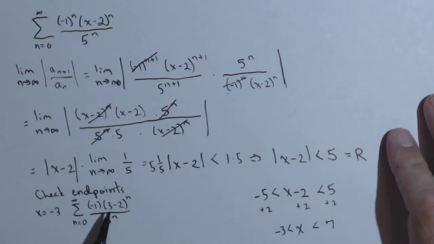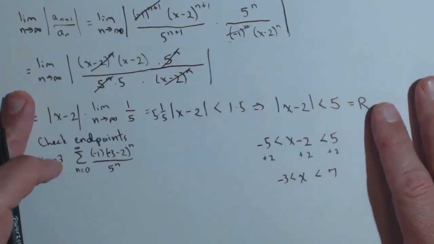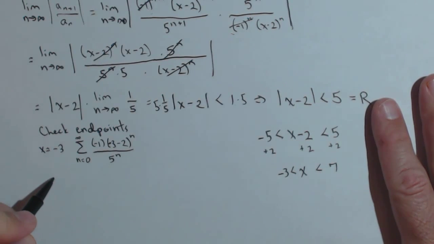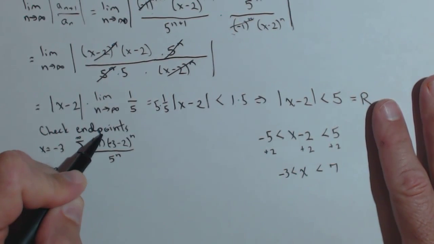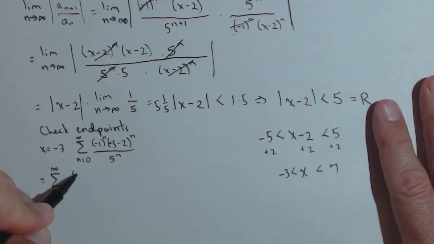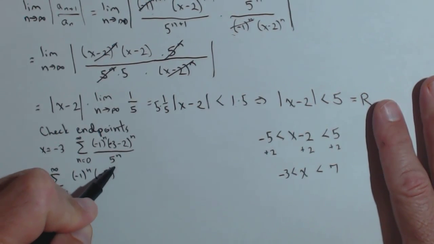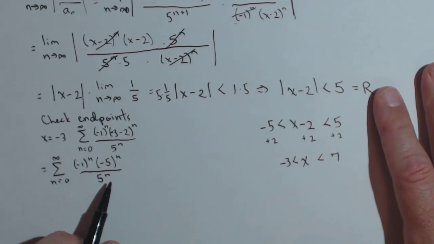So all I did was plug negative 3 into my series. So let's see what happens. If I do that, I need to simplify. I've got the summation n equals 0 to infinity of negative 1 to the n, and I'm going to end up with negative 5 to the n all over 5 to the n.